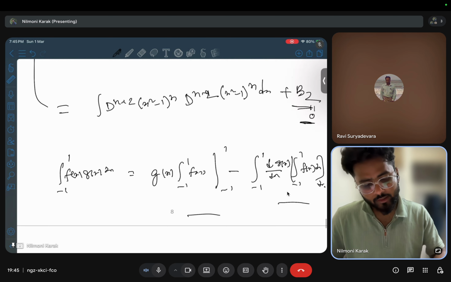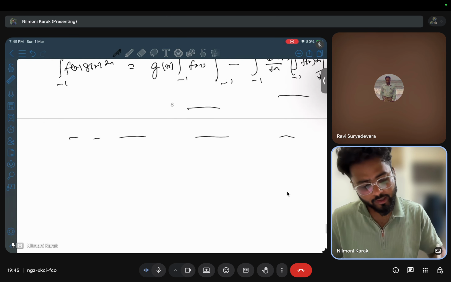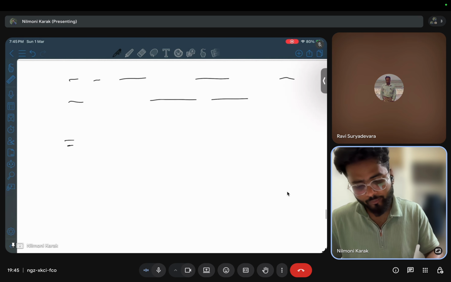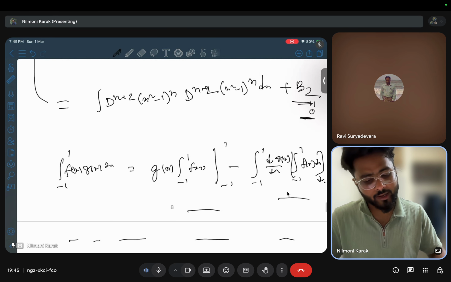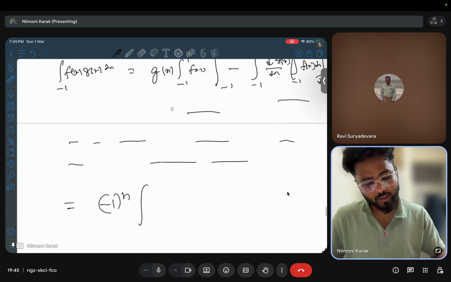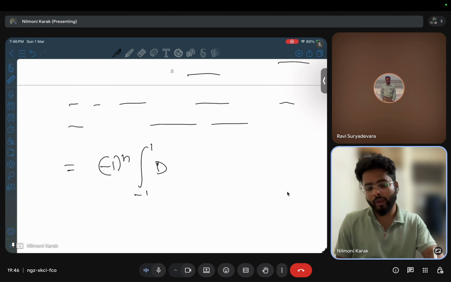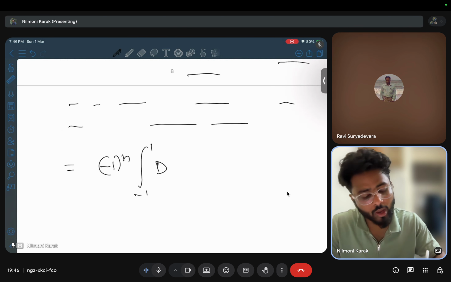And finally what we will get: you have to apply by parts again and again. You will have (−1)^n, so this sign is changing, right? First minus 1, then plus 1, and so (−1)^n will come if you do it n times. So I am doing this iteration n times.